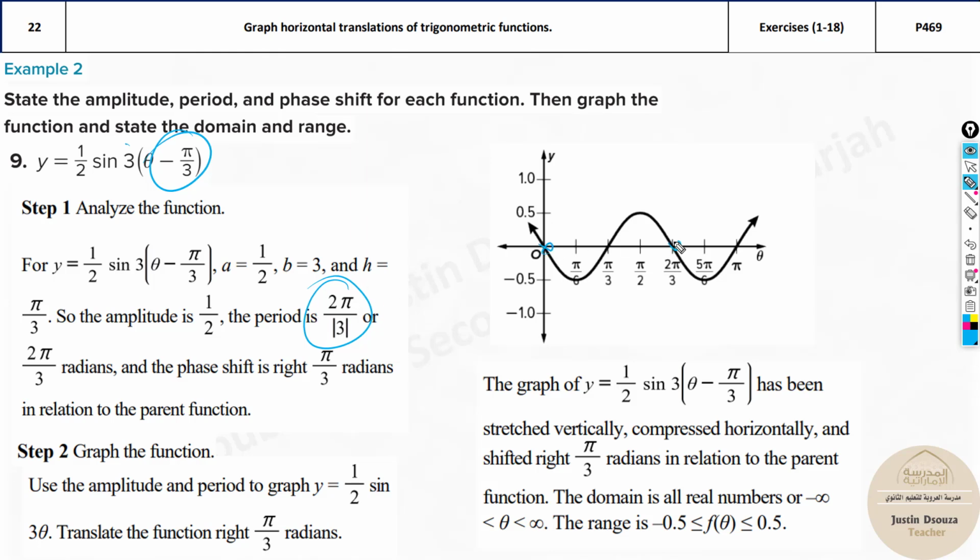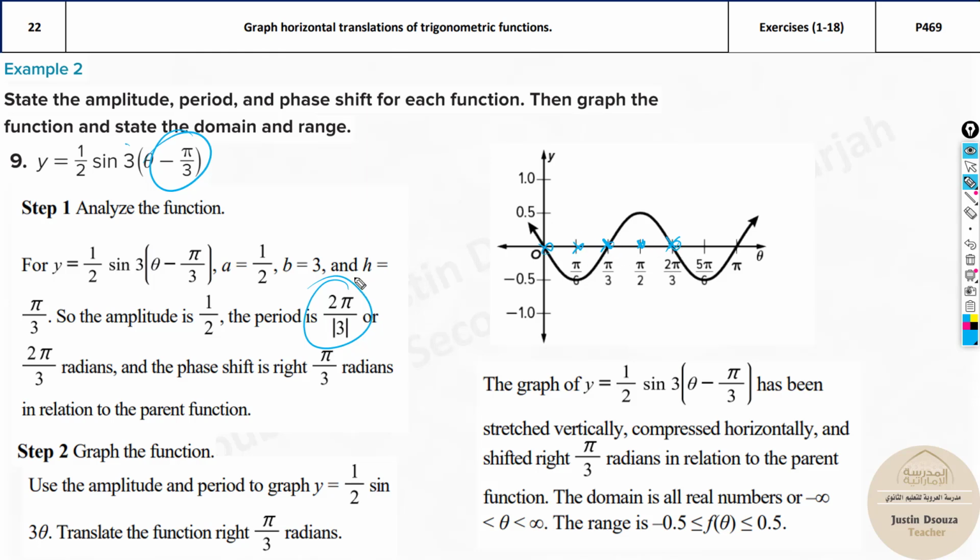From 0, write 2 pi by 3 no matter what. What is half of 2 pi by 3? It's pi by 3. And what is half of pi by 3? It is pi by 6. And the midpoint of 2 pi by 3 and pi by 3 is pi by 2. So only mark these 4 points.